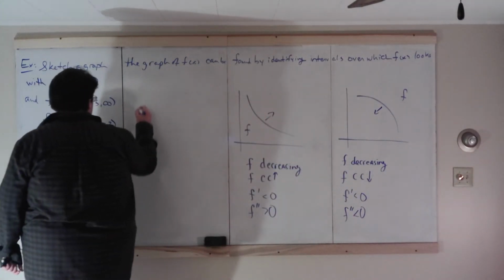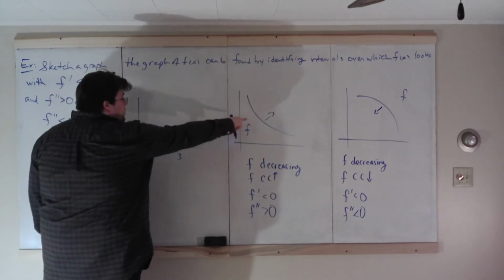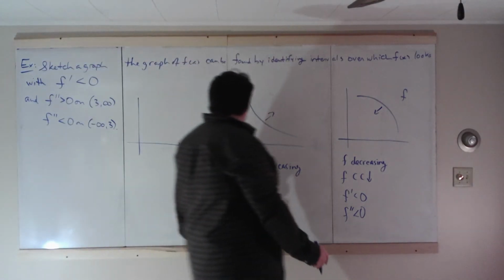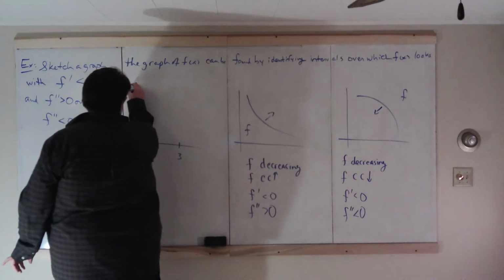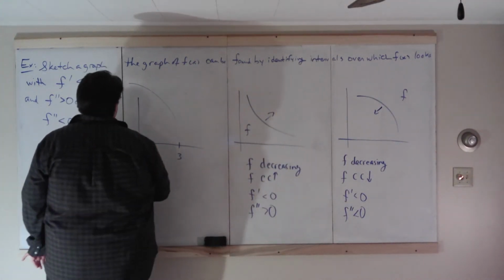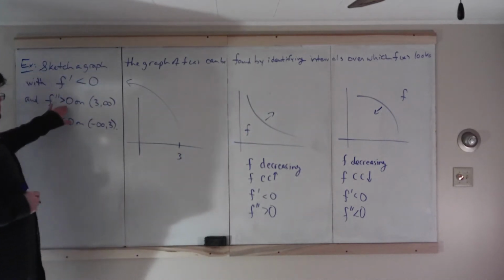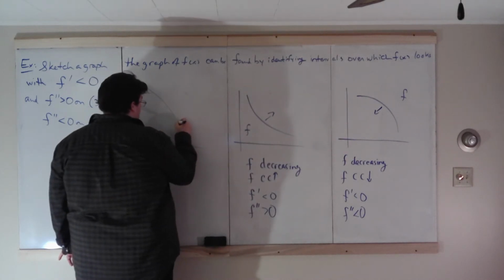So what could that look like? Well, let's mark off 3. Let's put one of these on negative infinity to 3. Well, there's one of those. And then let's put one of these on 3 to infinity.